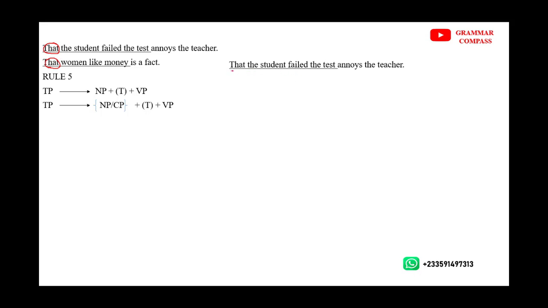This is because it is a complementizer phrase that is occupying the noun phrase position. So let us expand this on the tree diagram. We are going to get a TP for the whole of this. It is a sentence. Now this TP consists of a CP, that is a complementizer phrase, that the student failed the test, and a VP, annoys the teacher.